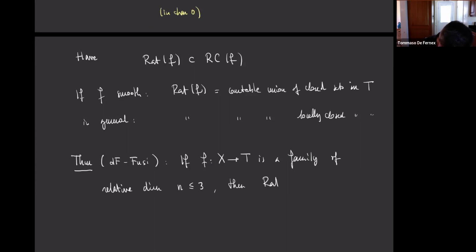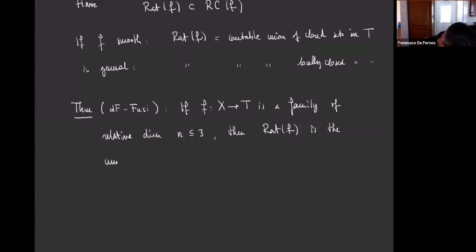Then the rational locus of f is a union of countably many closed subsets of the rationally connected locus.